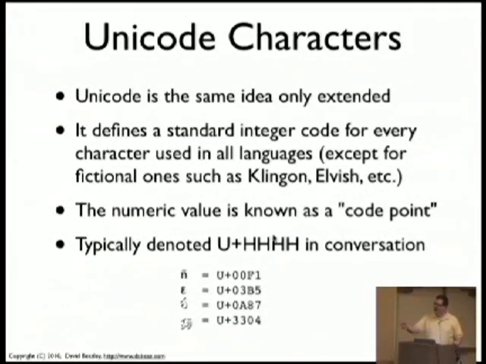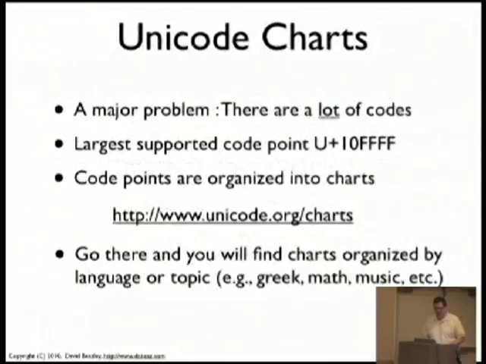I mean, that's kind of the idea behind it, except for things like Klingon. Although I think there is an unofficial Unicode Klingon code set somewhere. And so these codes are known as a code point, and sometimes you see them written out in conversation as hex numbers. So you might say U+00F1 indicates some character code value.